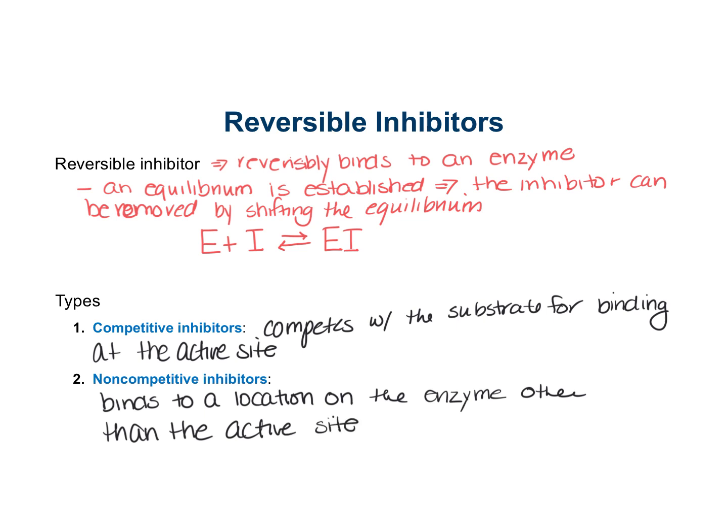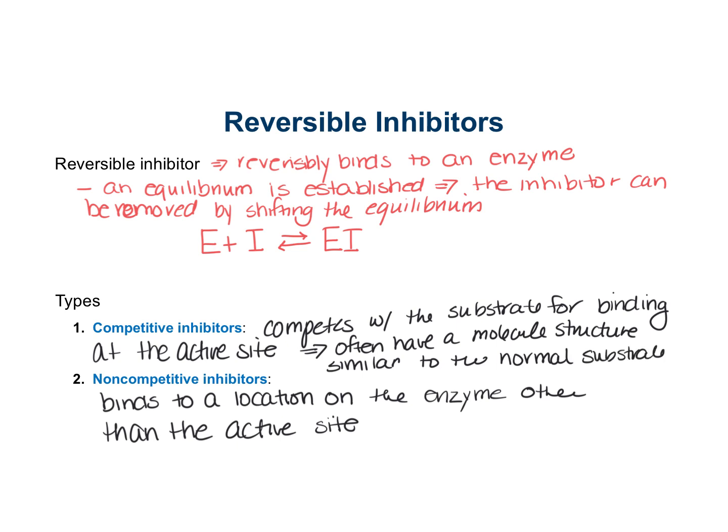Competitive inhibitors often have a molecular structure similar to the normal substrate of the enzyme. Non-competitive inhibitors generally do not.